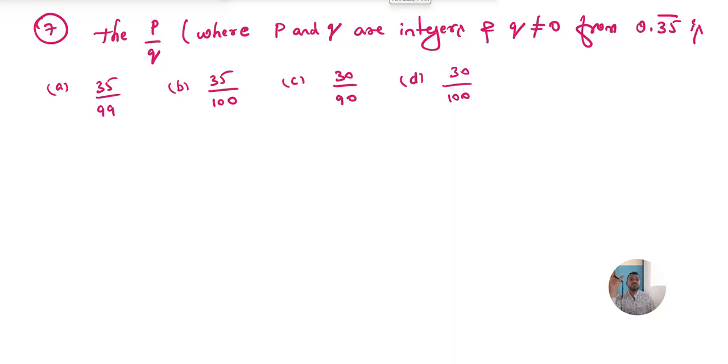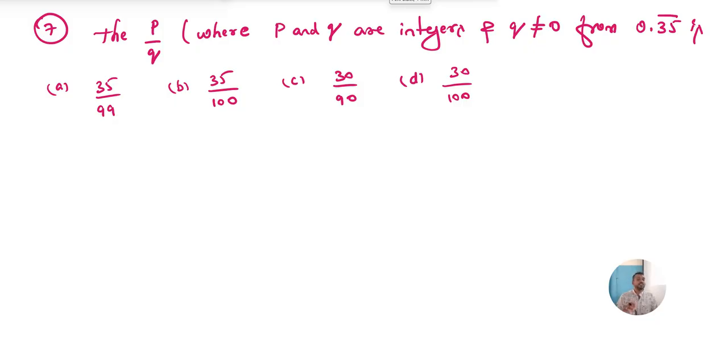In which form is it? 0.35 bar is in the form of p by q. This means if you want to write 0.35 bar in the form of p by q, how will you write it? This is the question. Which is the correct option? A, B, C, D: 35 by 99, 35 by 100, 30 by 90 or 30 by 100.